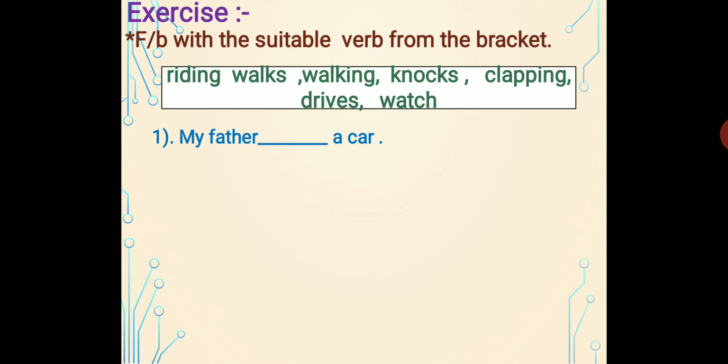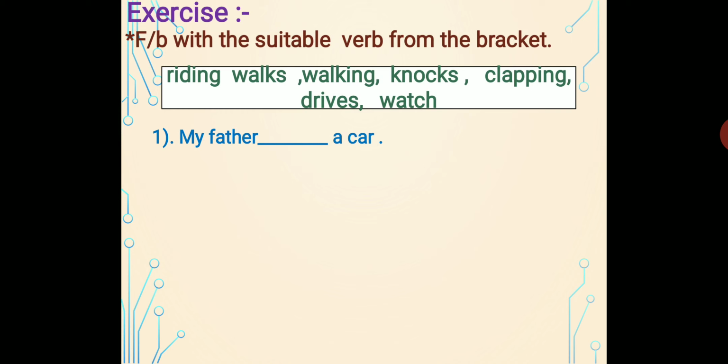When in the sentence there are helping verbs, then you always write the verb with the ing form. Helping verb means is, am, are, was, were. Wherever in the sentence there is is, am, are, then we always write the ing form of the verb with the helping verbs.